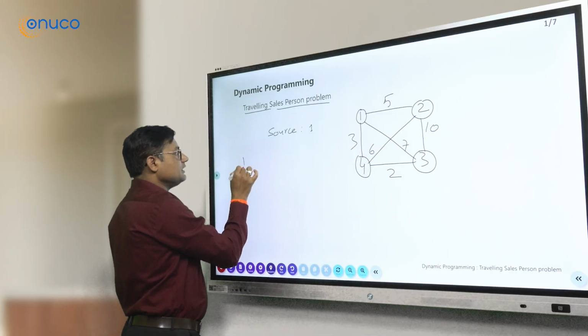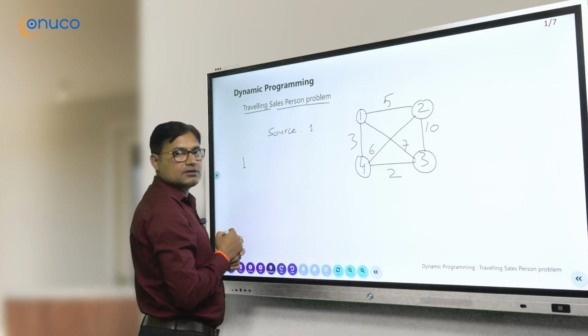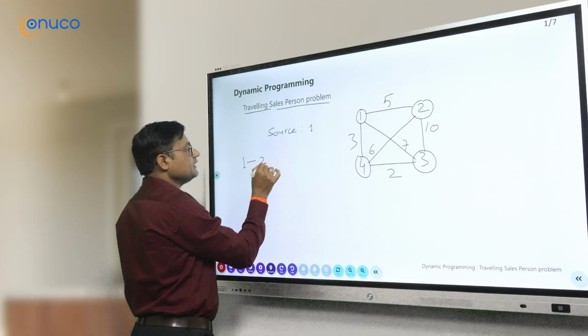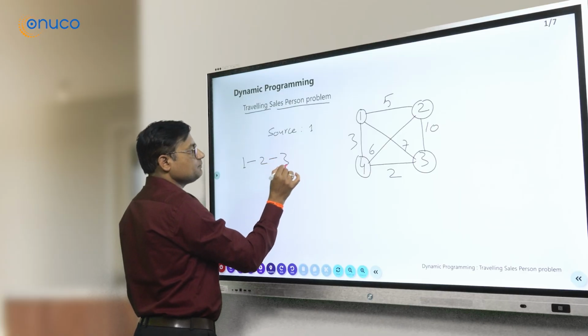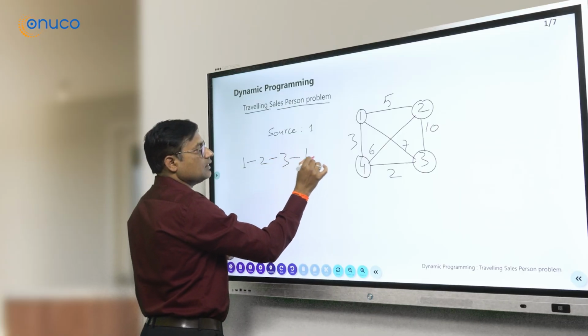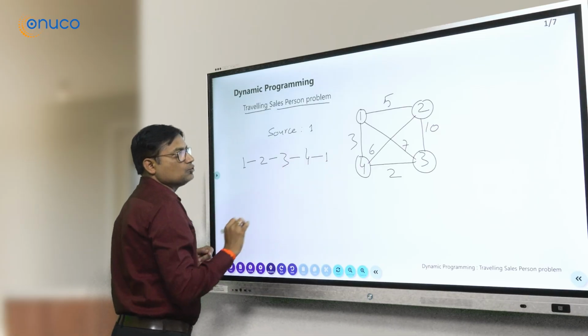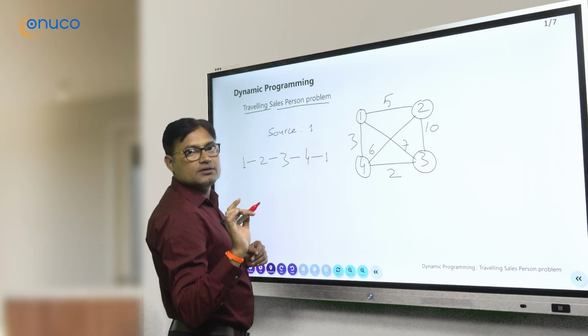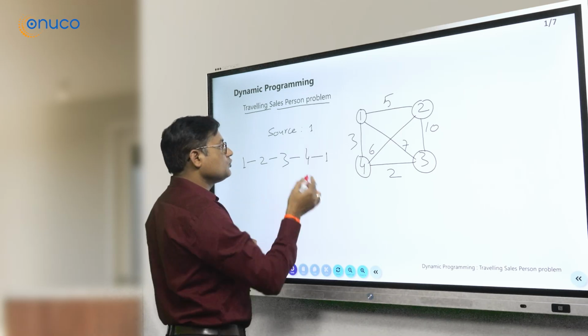There are certain ways if you apply the brute force technique, the ordinary way. We can say 1 to 2 there is a path, 2 to 3 there is a path, 3 to 4 there is a path, and 4 to 1. We have returned back to 1, by visiting 2, 3, 4 exactly once, and returned to the same city, the source.